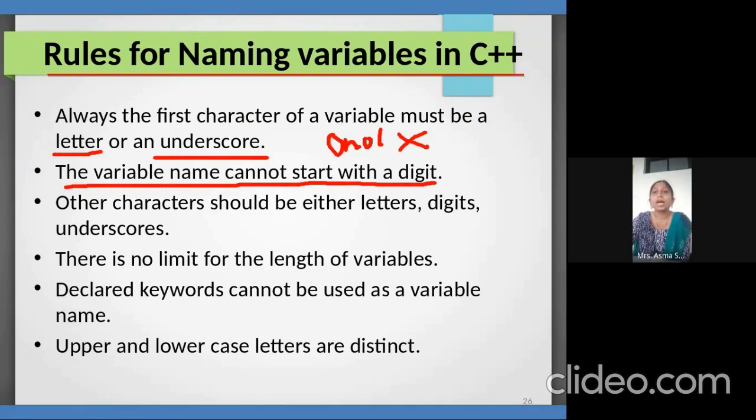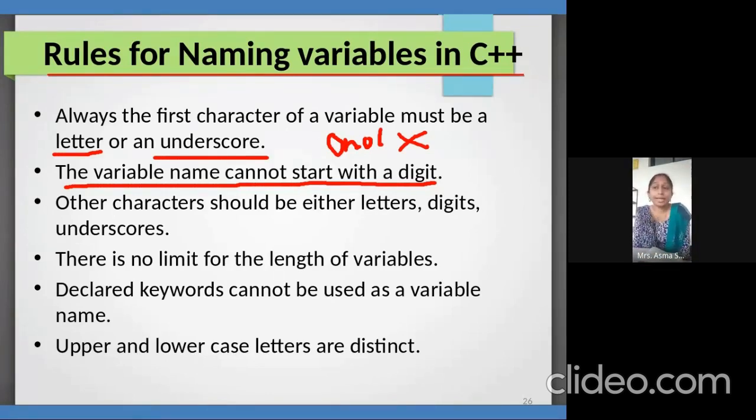After our first character we can have numbers also, like digits, and underscores. There is no limitation on the length of the variable, but it should be precise and small. Otherwise it will be difficult to understand.